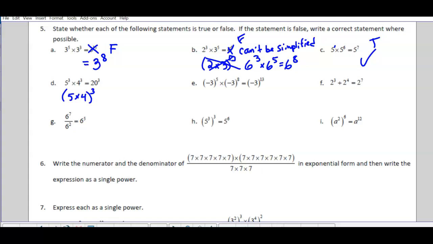That's the same. So if we simplified within the brackets, that would be 20 cubed. So this actually is true. It's different from this one up here, because the exponent did not change. We just showed it rearranged in the equation.